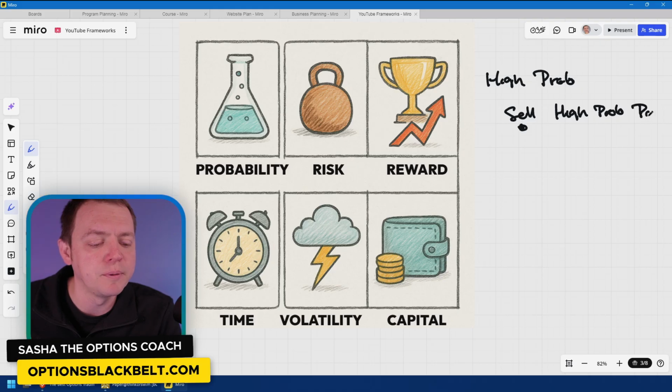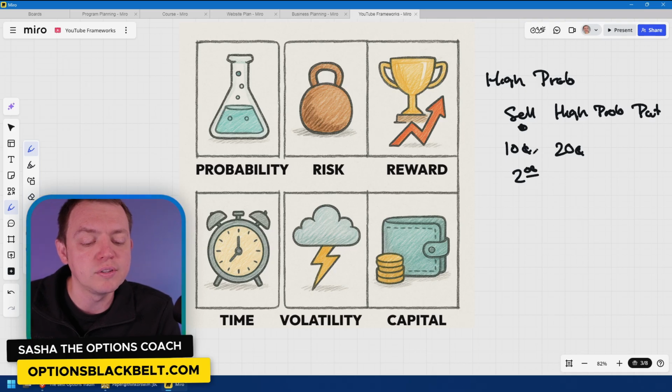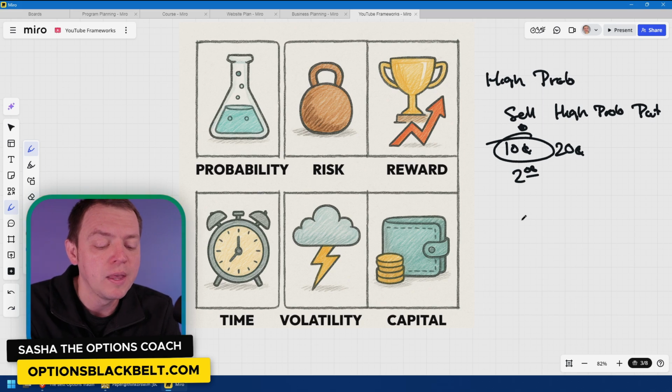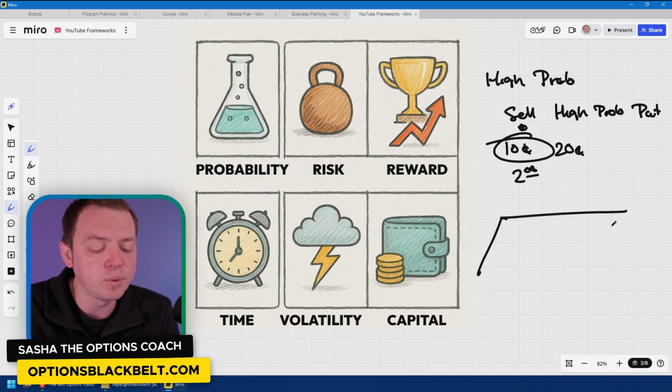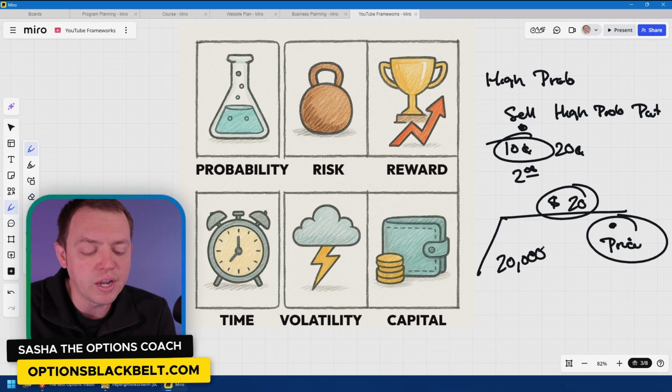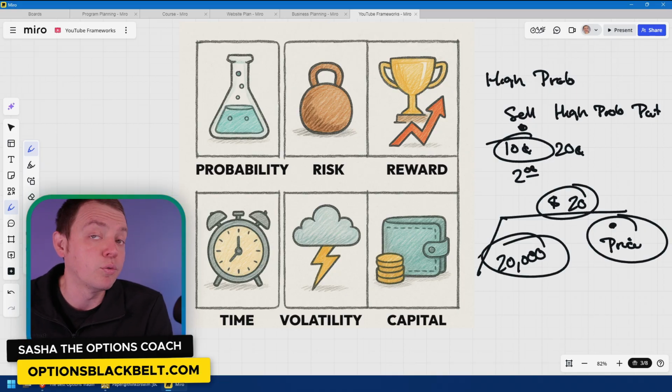In order to do something like this, we might only get 10 cents or 20 cents, compared to maybe $2. You're going to get a lot less when you have high probability, but you have a high win rate. So price might be over here, way further out, but the problem is our reward might be only $20 for a risk of maybe $20,000. You're not making much, but your chance of reward is very high.